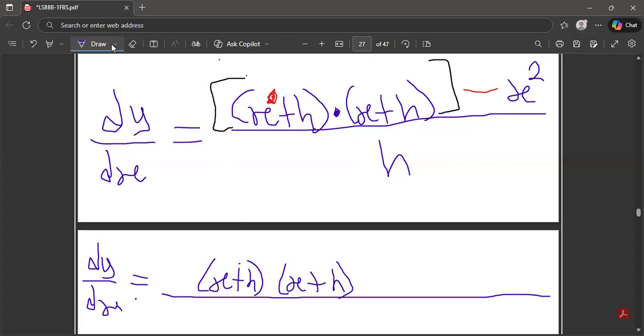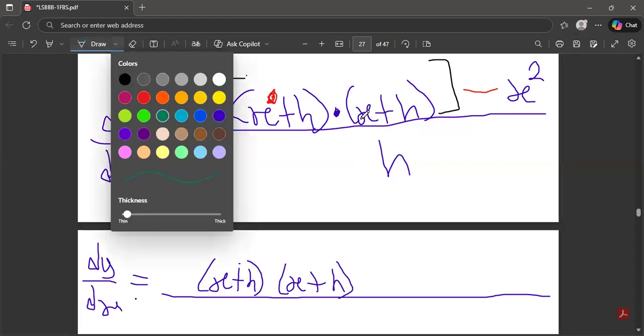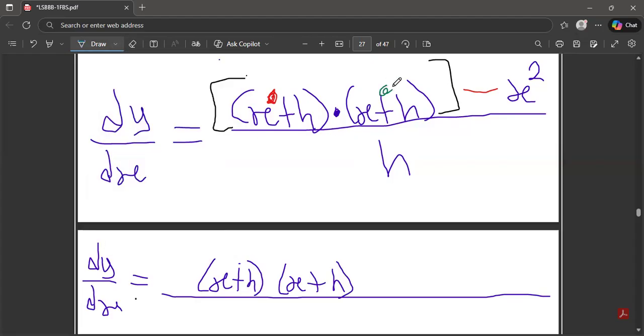Then what am I going to do to the other one? The other one, I'm going to use a green pen to denote it. So the other one is x, so I'm just going to put x over here, and the friend is plus h. So I'm going to put plus h over here, exactly as I've just written it.